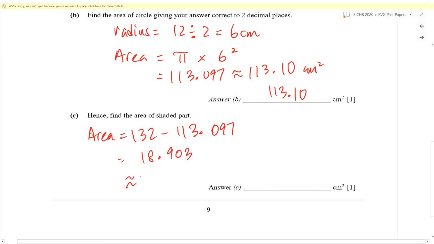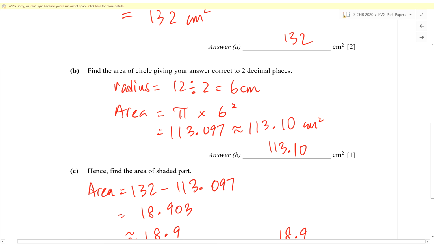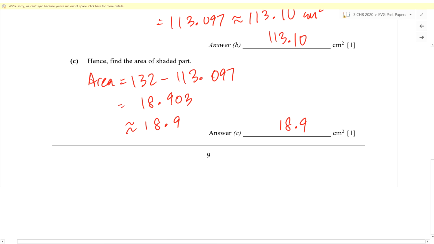Then we round off again, 18.9, to 3 significant figures, because they didn't say round to any certain number of figures or decimal places. So you leave it in 3 significant figures.